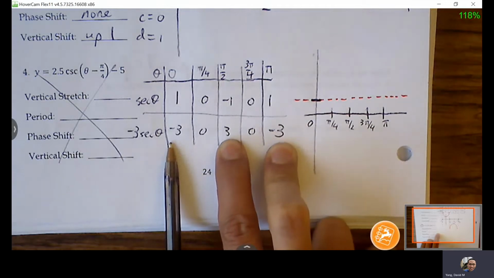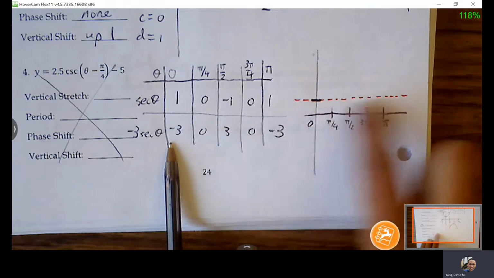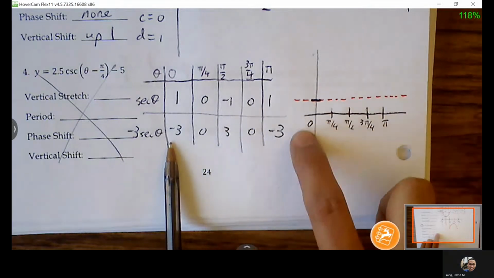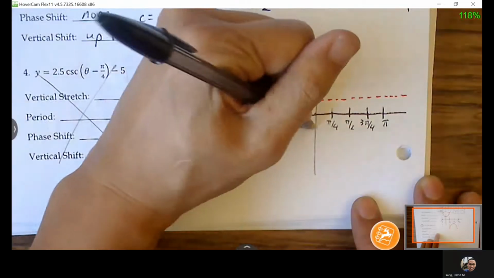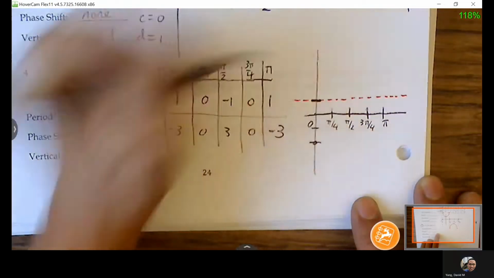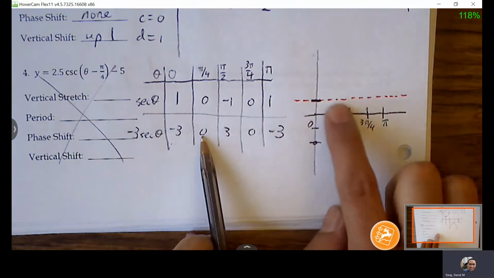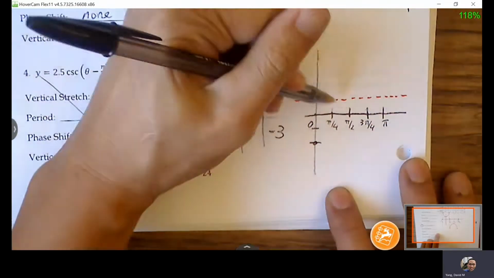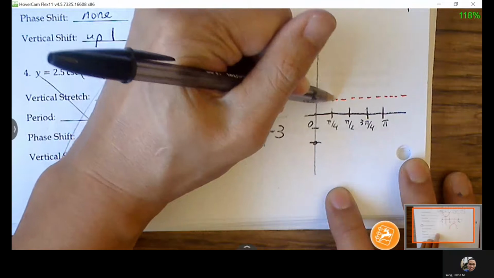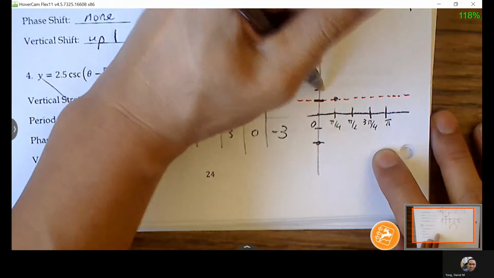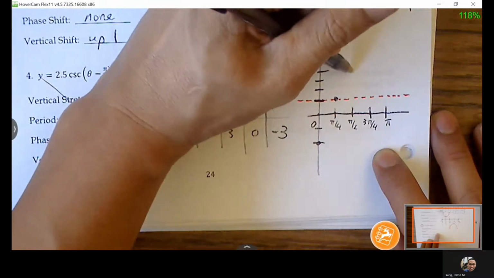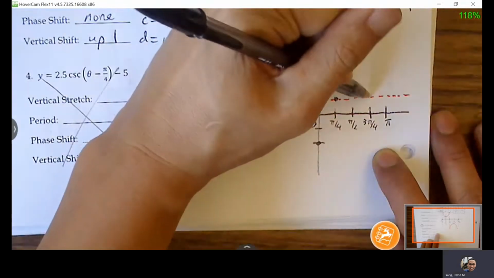These are going to be distances from my dotted line, my center. So that means at 0, I have to go down 3 units. Back to my dotted line there. Up 3. Back down.